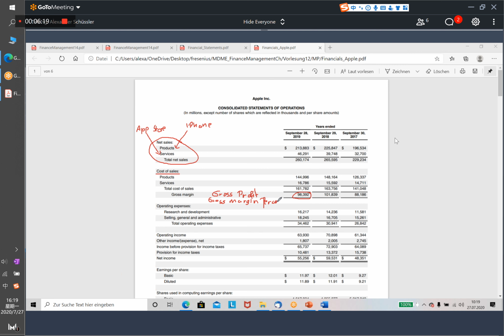Generally margin is a percentage. I don't know why they call it margin, but I understand margin as a percentage.